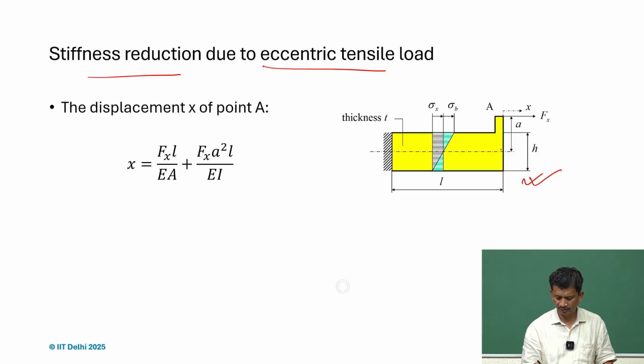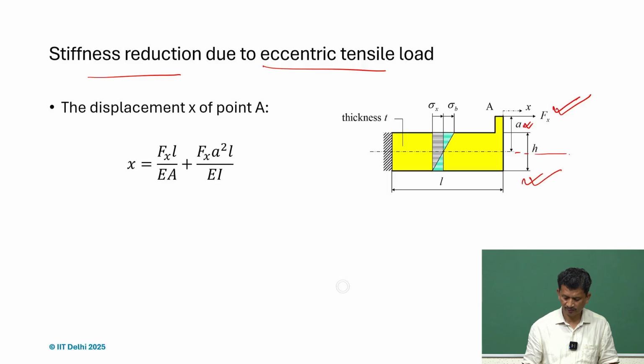For instance, this is the neutral axis, and suppose a force is applied at a section A, which is at a distance A away from the center line.